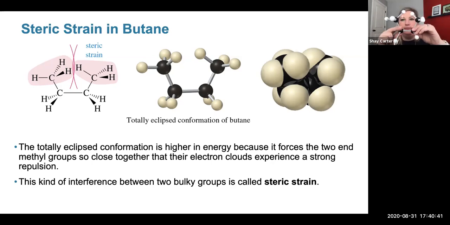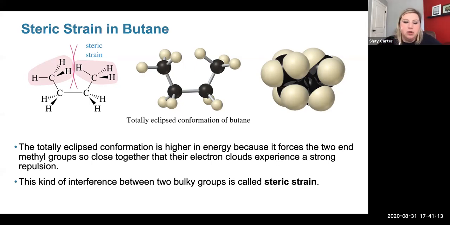Steric strain is when we have two groups or two atoms and their substituents, okay, that are forced too close together, okay? Now remember, our nuclei of our atoms are positively charged, but also the electron clouds of these atoms here are going to end up being very close together, and they do not like being that way, okay?